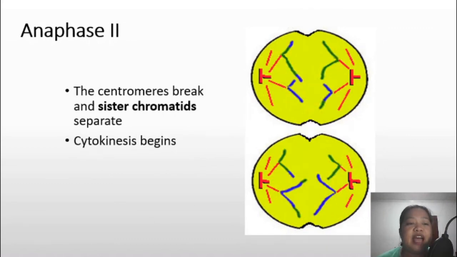Next, in anaphase 2, the centromere breaks and the sister chromatids are pulled toward each pole. As the chromatids pull toward the poles, the cytoplasm starts to undergo cytokinesis.